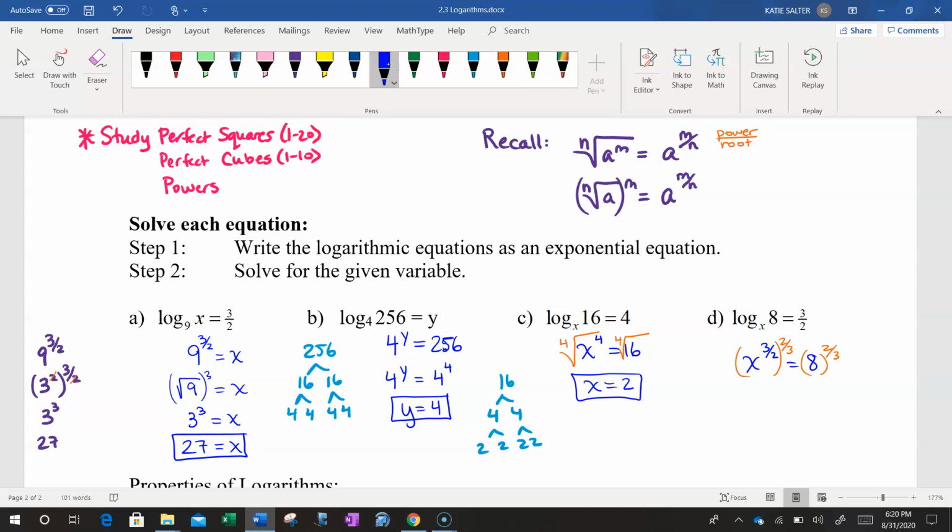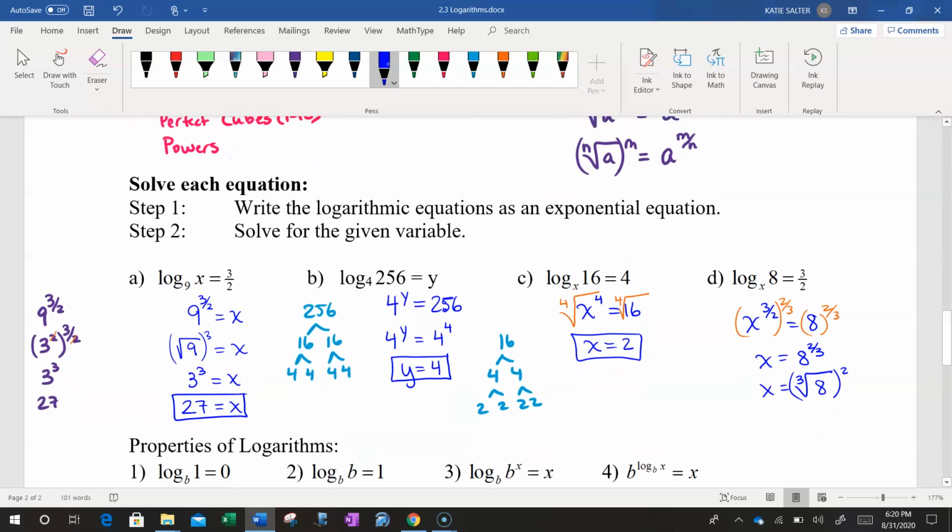So that gives us x is equal to 8 to the 2/3. And then if we want to change it to radical form, our root is the 3rd root of 8 squared. You can put the square on the inside, or you can put the square on the outside. Again, I feel like if you put it on the outside, it might be a little bit quicker. So we'd have x equals, the cube root of 8 is 2, and then 2 squared is 4.